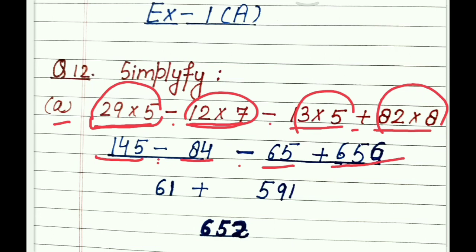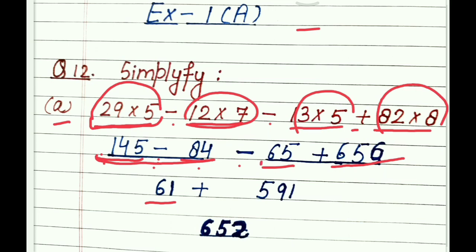It is coming 656. Okay, now the next step: here 145 is plus and minus 84, plus and minus only. So minus here, 145 minus 84, how much is left? 61.